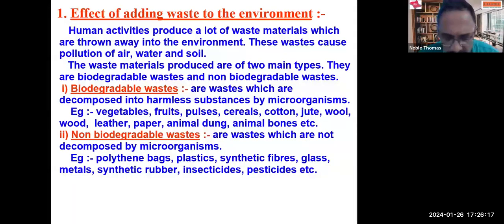Another major component that has been explained in this chapter is waste management. There are two different types of waste: biodegradable waste and non-biodegradable waste. Whenever we are doing our daily course, running an industry, doing agriculture, producing food or processing food or anything like that, it produces a lot of pollution.